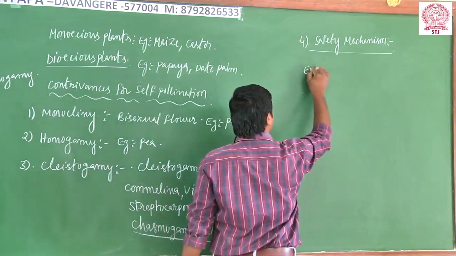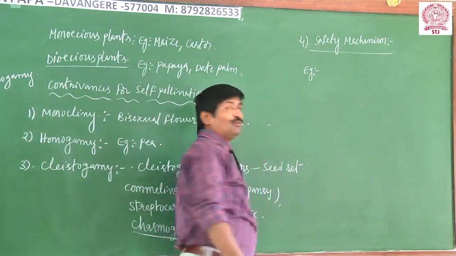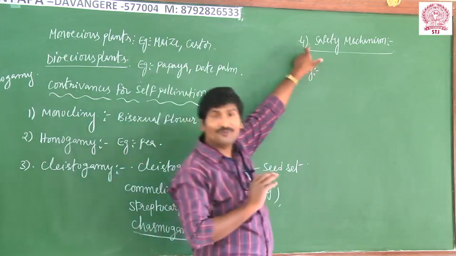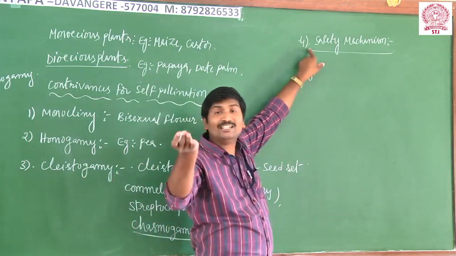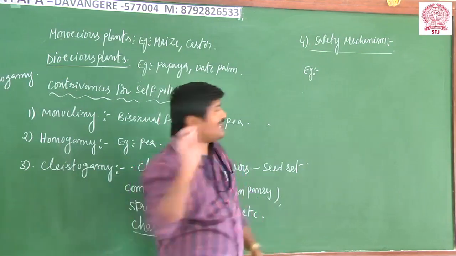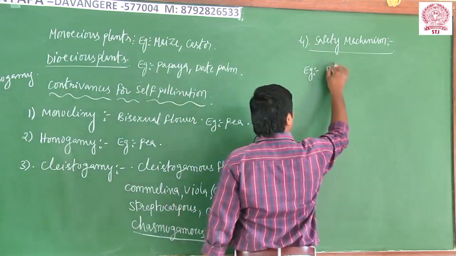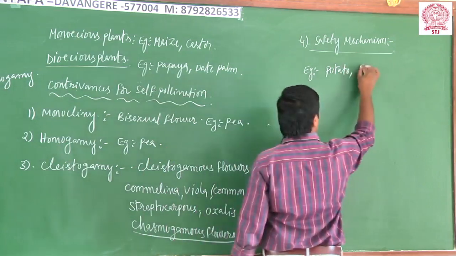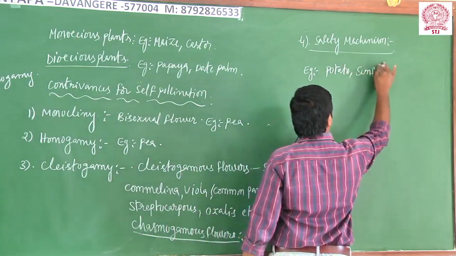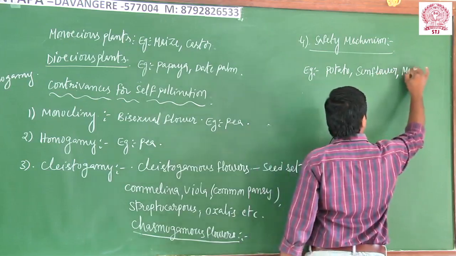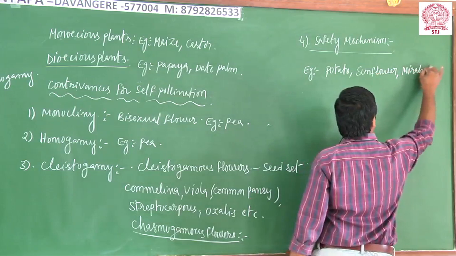The best examples for this safety mechanism: when the cross-pollination fails in those flowers, they immediately go for self-pollination. To take the best examples: potato, sunflower, mirabilis.